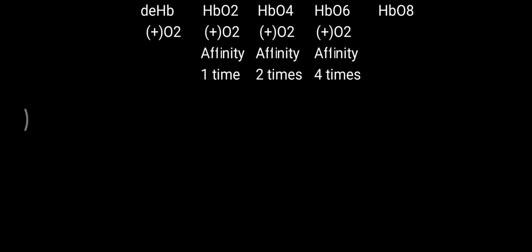Now in further detail, you have to remember one more thing: when deoxyhemoglobin is attached with oxygen, it is converted into HbO2, which is transporting one molecule of oxygen. Now further, there are a total of 4 heme residues on the molecule of hemoglobin, so each heme residue can combine with oxygen, so a total of 4 oxygen molecules can be transported.